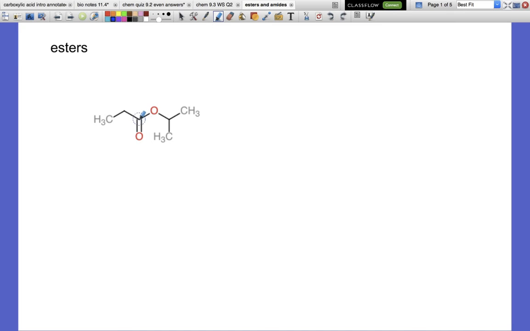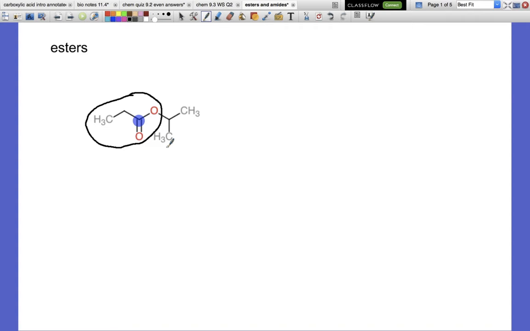Like in a hemiacetal, I would need to know that that was the carbonyl carbon, right? So the carbon that's connected to two oxygens is definitely the carbonyl carbon. This part of my ester came from a carboxylic acid, whereas this branch that's hanging off on this side came from an alcohol that formed this ester.